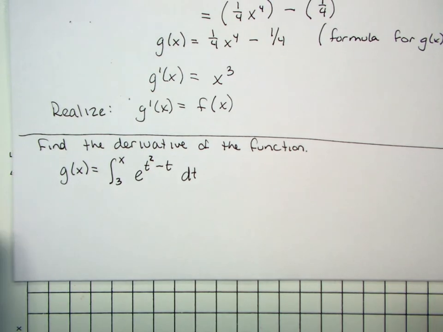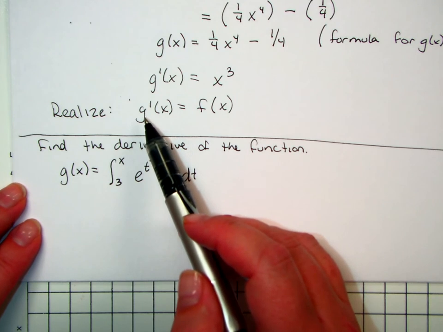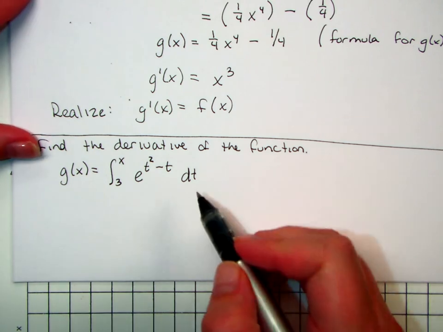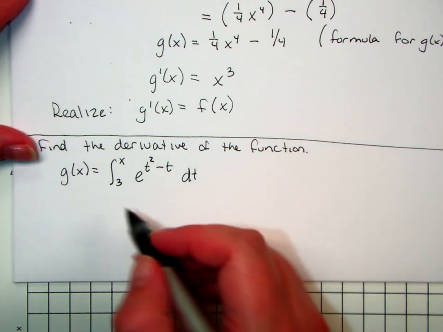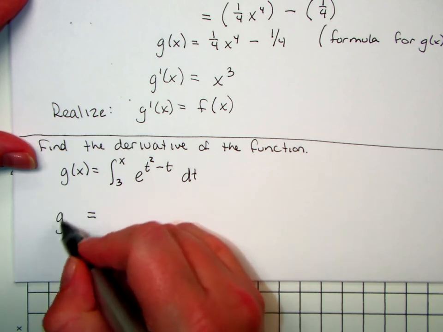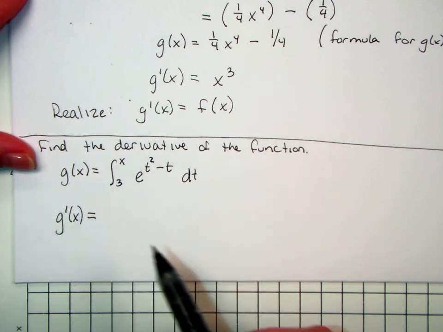So this one just wants us to find g prime of x, right? And it's going to equal f of x, right? So quite simply, if I take the derivative of an integral, it cancels, right?